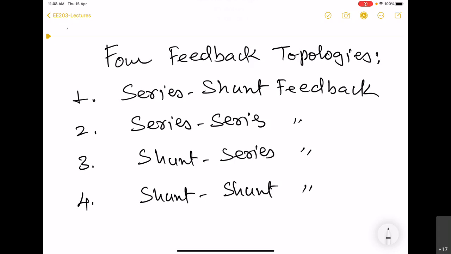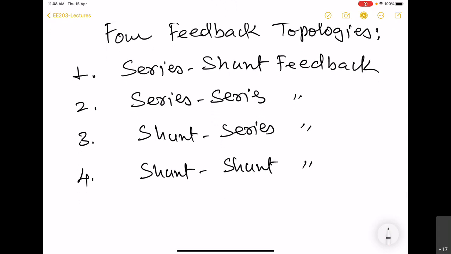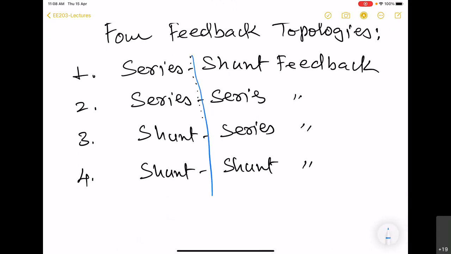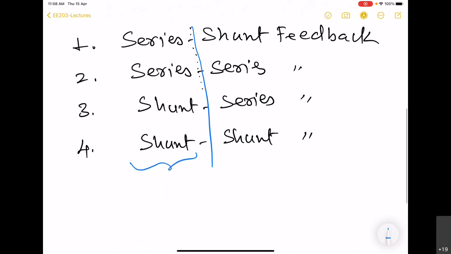Here each of these terms designates how the amplifier will be connected with the feedback network. All the first terms, the terms on the left hand side, point out the nature of connection on the input side of the amplifier.